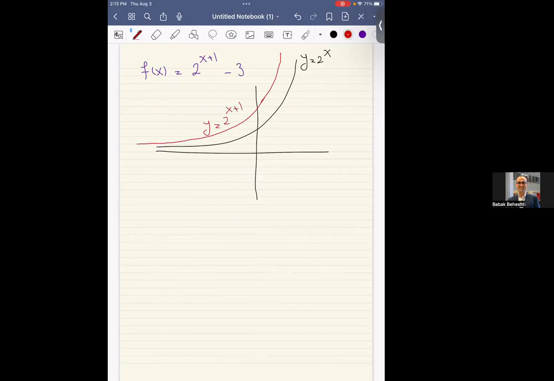I just move the original function 1 unit to the left. Now you have 2 to the power x plus 1 minus 3, so you have to do a vertical translation downward 3 units. So I use a purple.